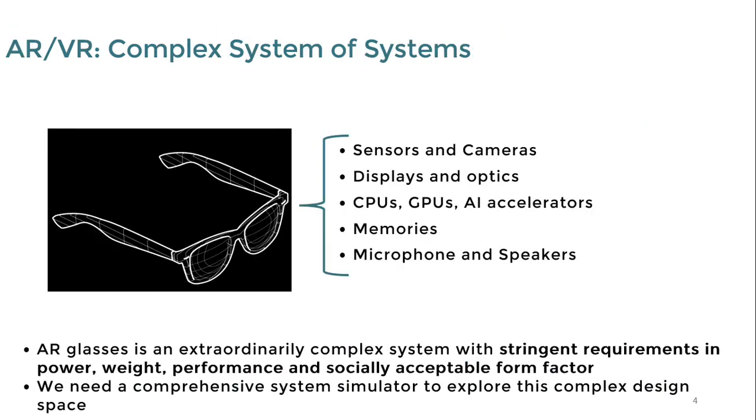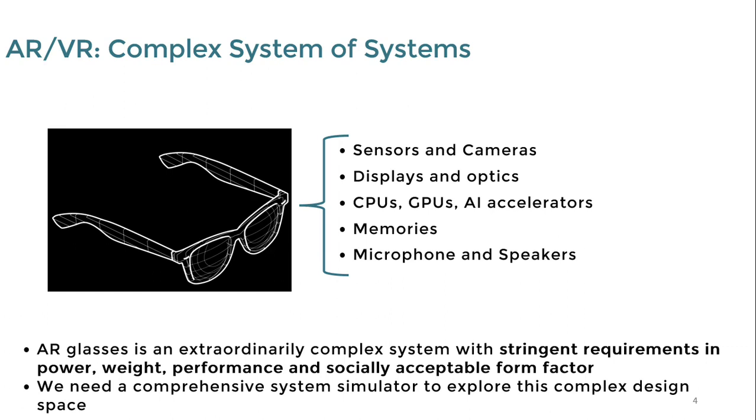So we know that augmented reality glasses are extremely complex systems with multiple heterogeneous components with stringent requirements in power, weight, and performance. Also, the glasses must have a socially acceptable form factor.